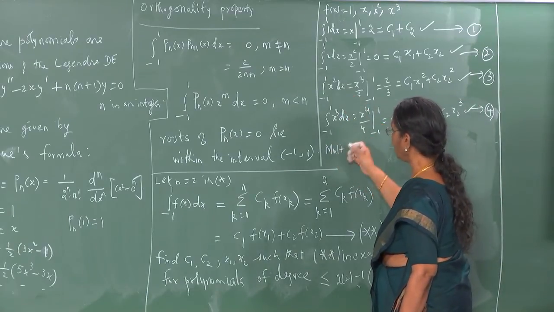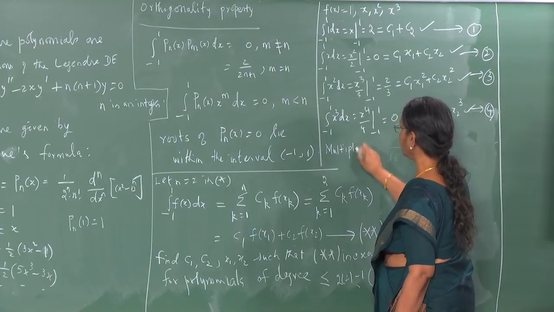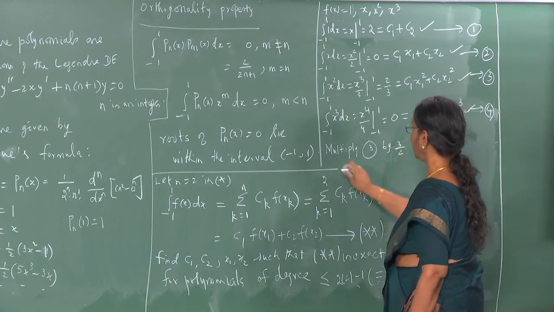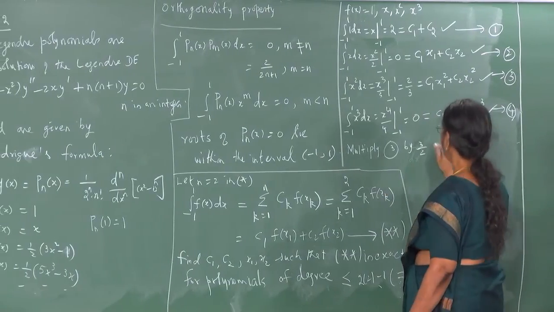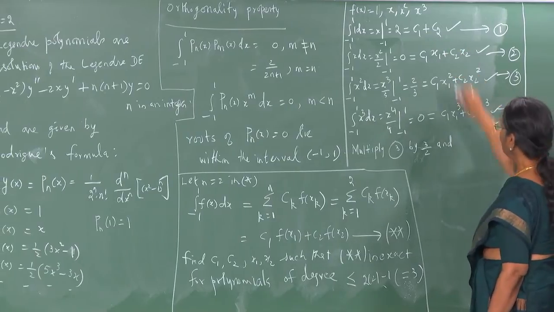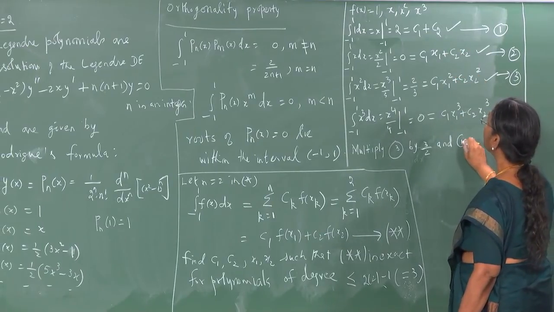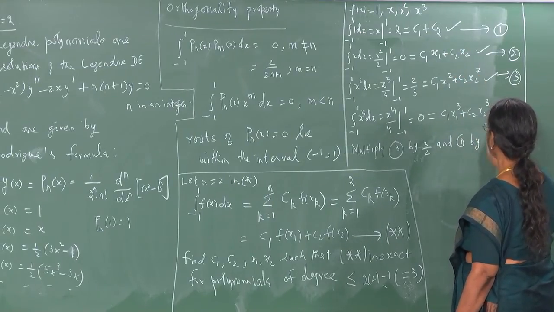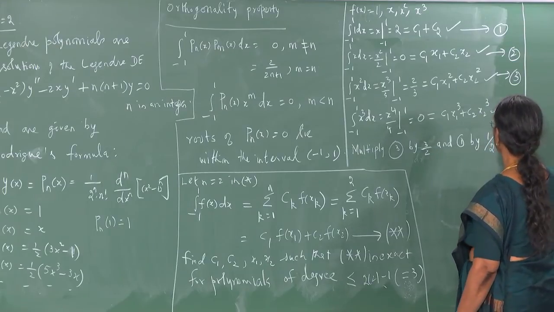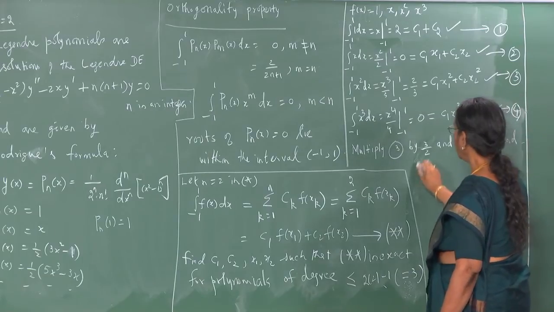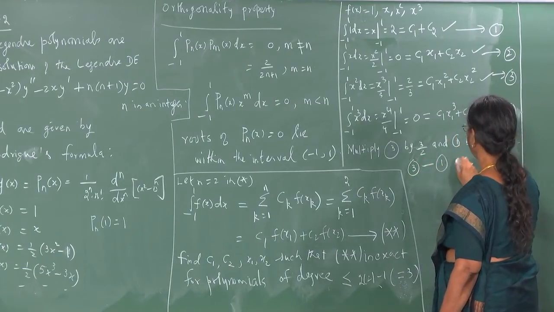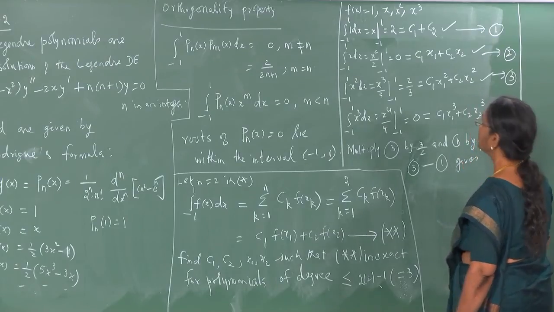So, you will understand why we do this. So, multiply equation 3 by 3 by 2 and equation 1 by half, and the resulting equation 3 minus 1 gives the following.